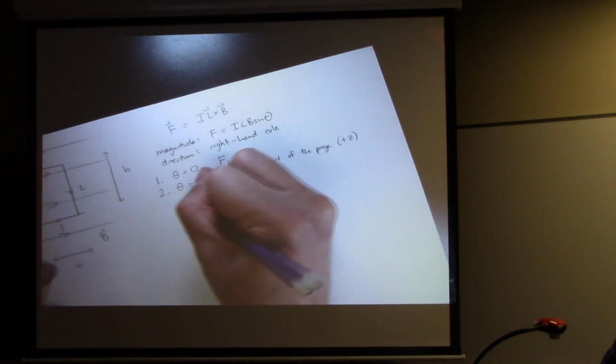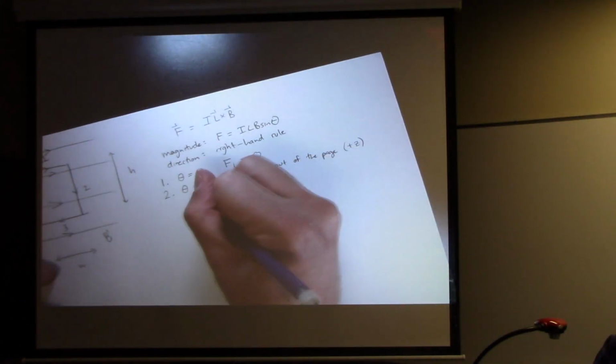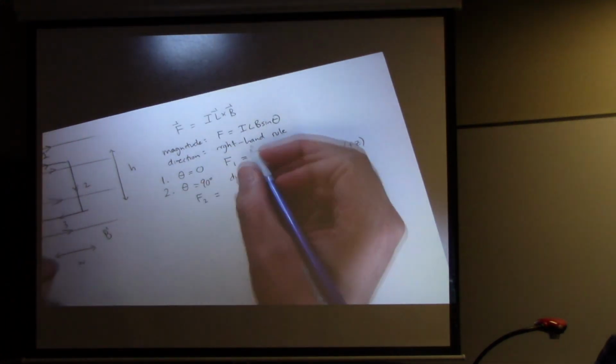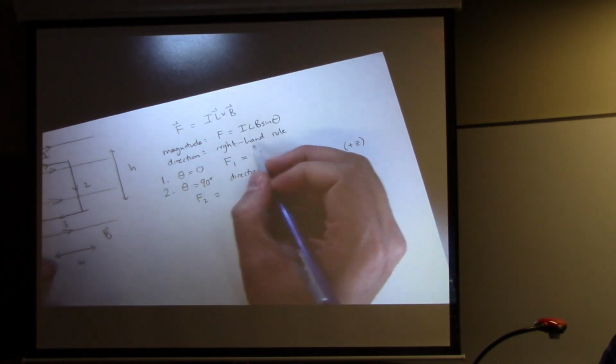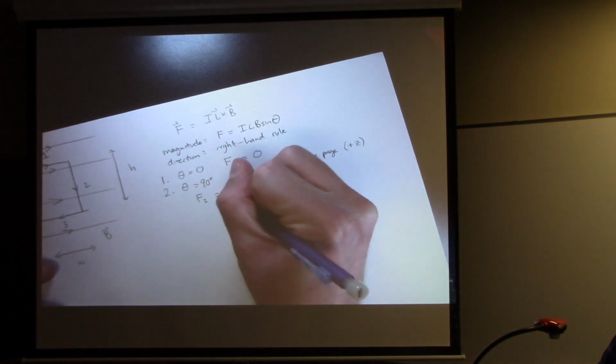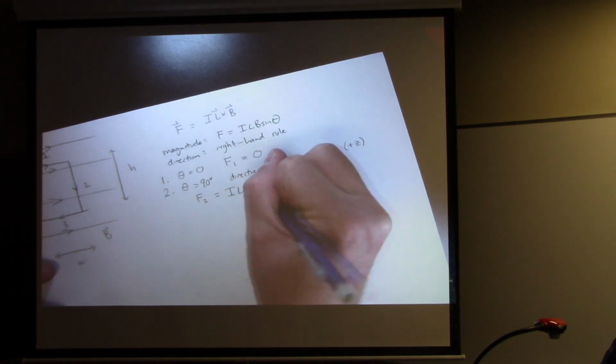So how much force do we have? It's given by I L B sine theta, except we're taking sine of 90, so that's going to give us 1. So it's just I times the length times B. Everything is symbolic here.